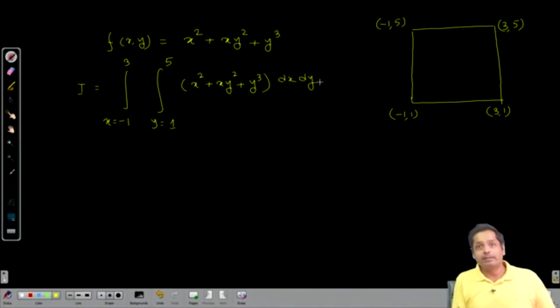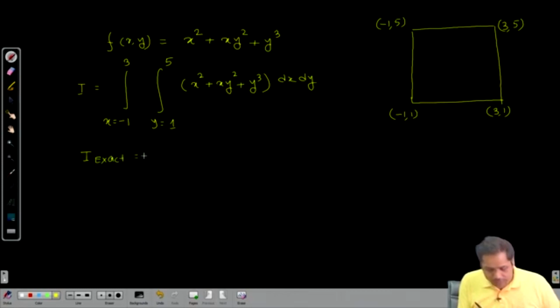We can have this integration in closed form, and if we do that then I exact is equal to 826.6667.